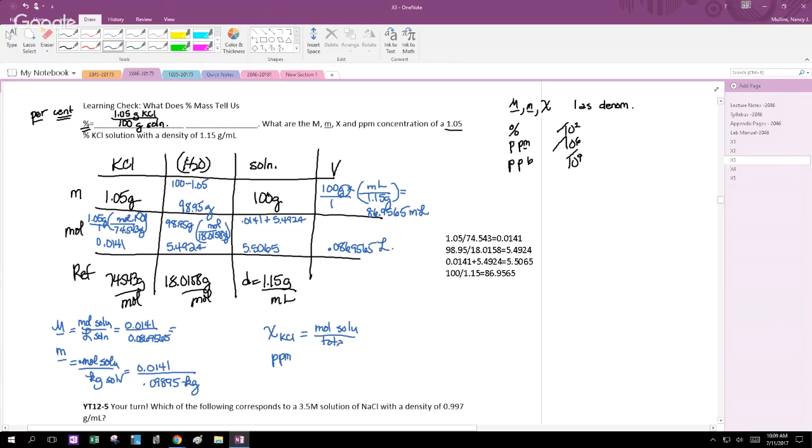Moles solute over total moles. 0.0141 over 5.5065. And if I needed to know my solvent, it would be 1 minus whatever that one was.